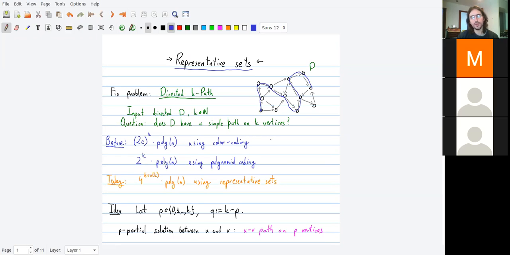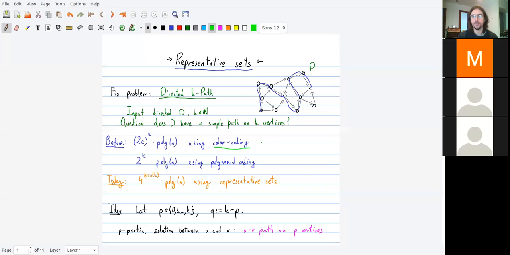So what we have seen before, we made algorithms using two different techniques for this problem. The first one was the color coding technique, where you randomly sampled a coloring of the vertex set and were looking for a colorful path. There we designed an algorithm with running time 2e power k times polynomial, an FPT algorithm.